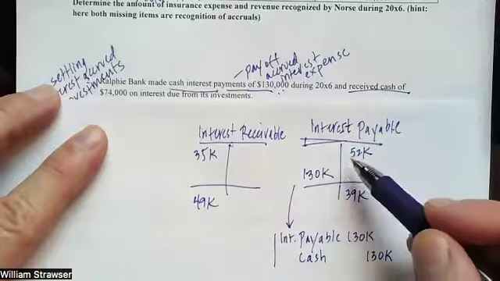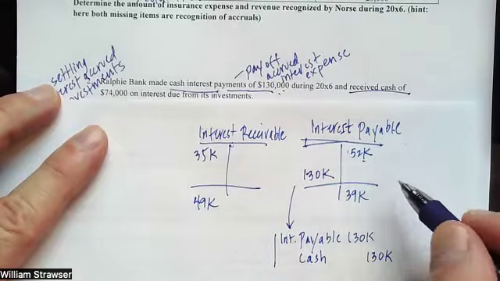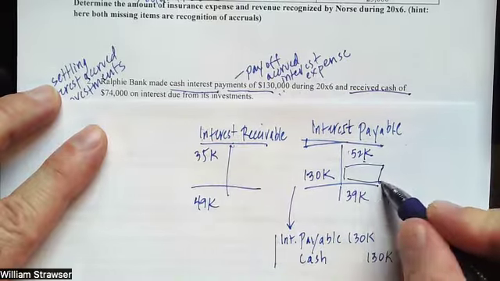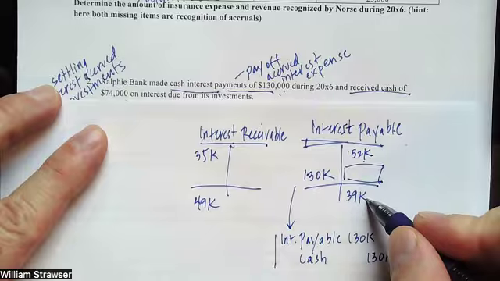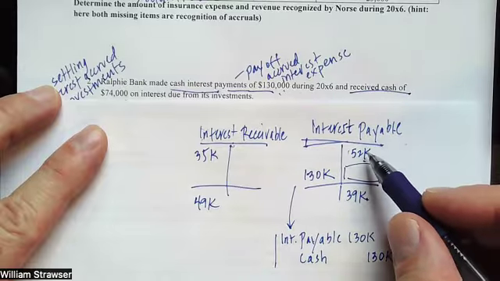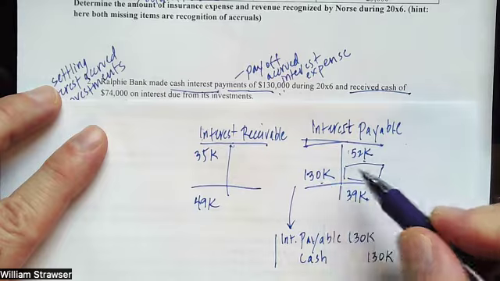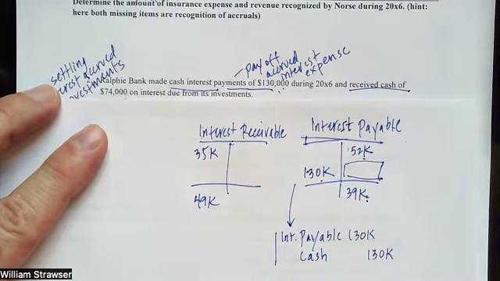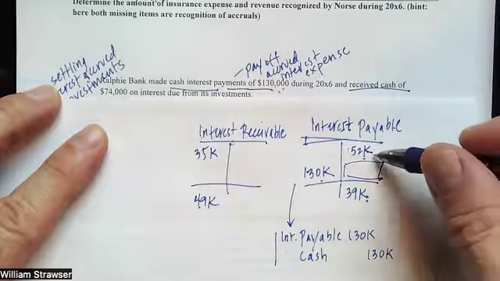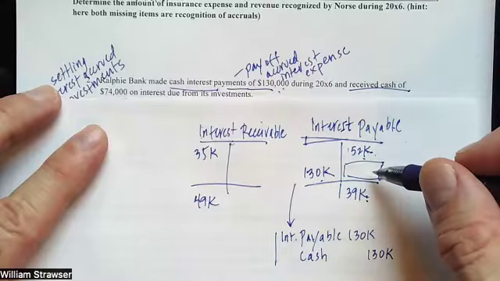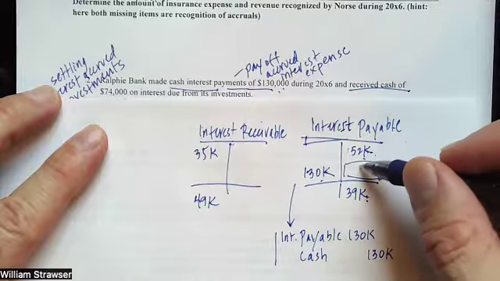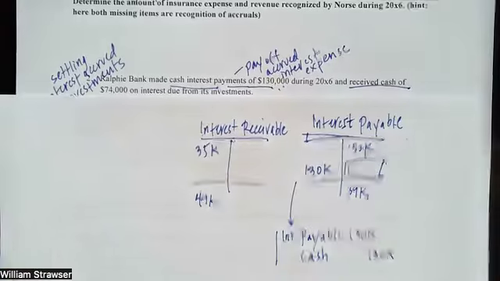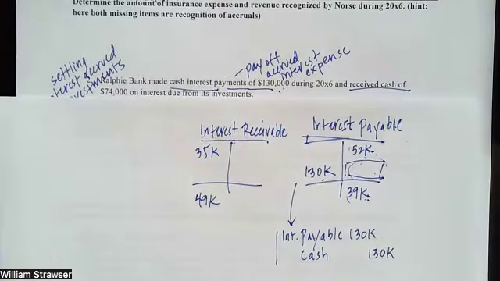Either we paid more interest than we even owed, or there was some interest that was accrued over this year, such that even though we started with 52, we paid 130, we still owe 39. And so, in order for that to work, so that we take our beginning, subtract the 130, add the amount that accrued during the period in order to get to 39, we just need to solve the T account.